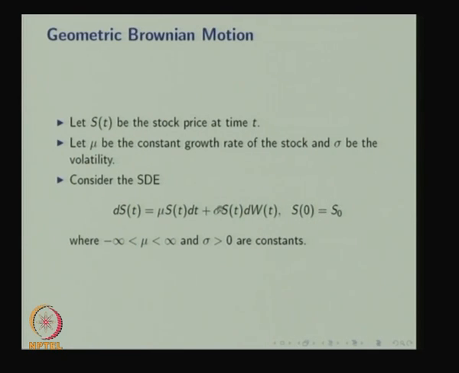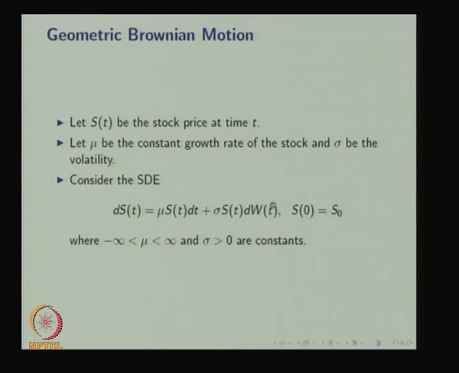And the growth rate, that is mu, is also a constant. So mu can take values from minus infinity to infinity, whereas sigma is the volatility, so it is greater than 0. Both are constants. The corresponding stochastic differential equation, the increment of S, is mu S_t dt plus sigma S_t dW_t.